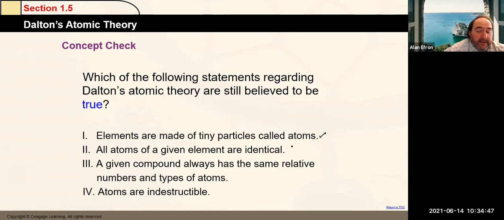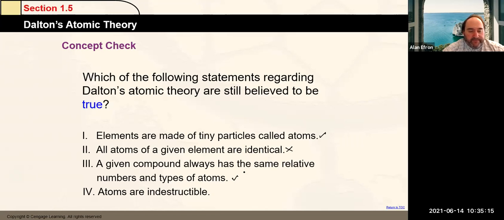As we just talked about, that part is not true because of the existence of isotopes, which are the same elements but have different masses, which means they are not identical to each other. A given compound always has the same relative number and types of atoms, and that is true. As we talked about with water, no matter where you get your water, you're always going to have the 2 hydrogen to 1 oxygen arrangement.